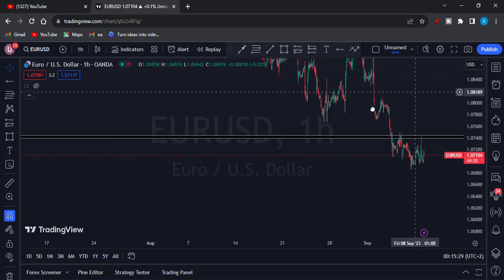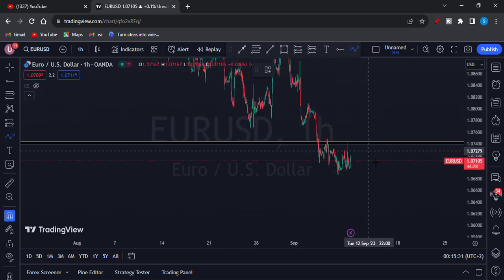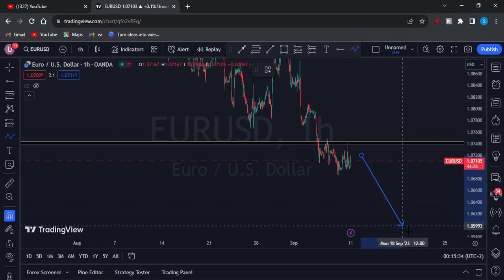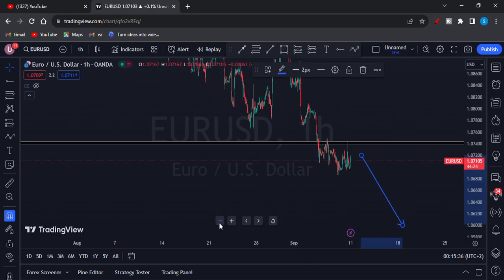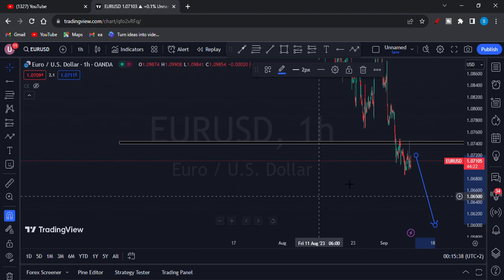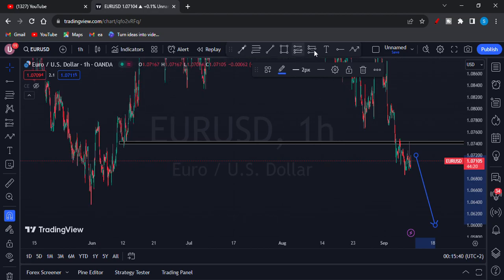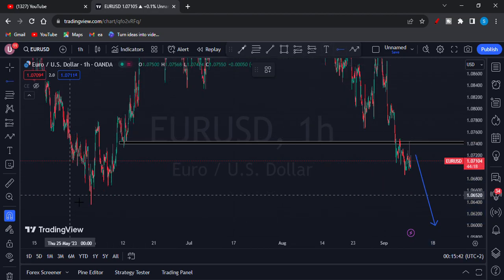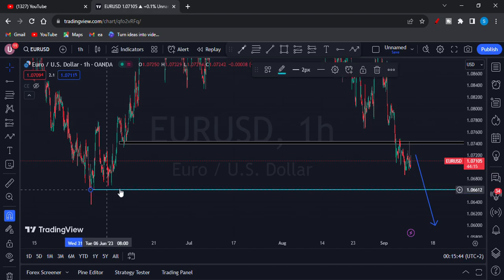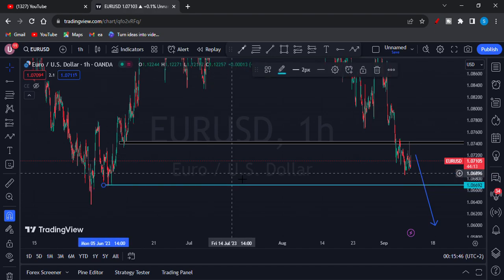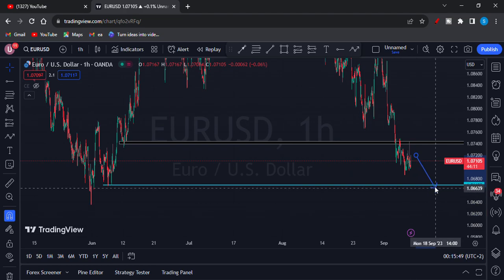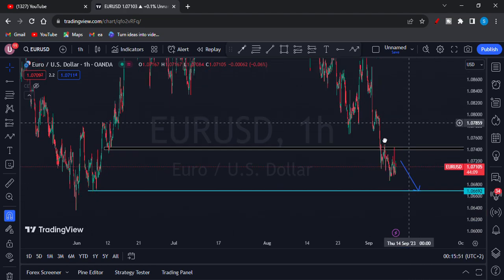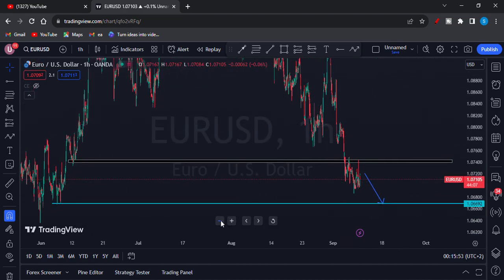So it's possible that the market can push to the downside, potentially up to here, up to there.